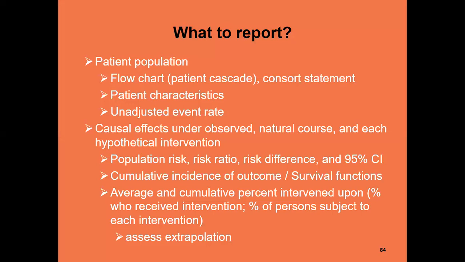And then I want to talk a little bit about what to report. You need to report patient population, like I said, the flow chart, patient characteristics, and unadjusted rates. You need to report causal effect under observed natural course and each hypothetical intervention, population risk ratio, cumulative incidence of outcome, average and cumulative percent intervened upon. The last bullet point is to assess extrapolation.